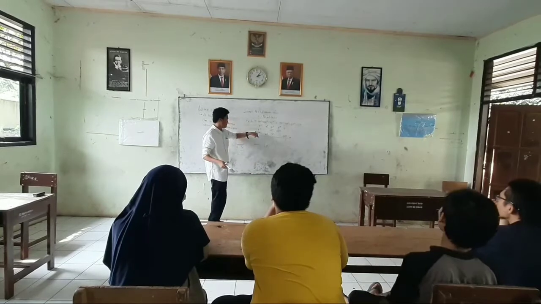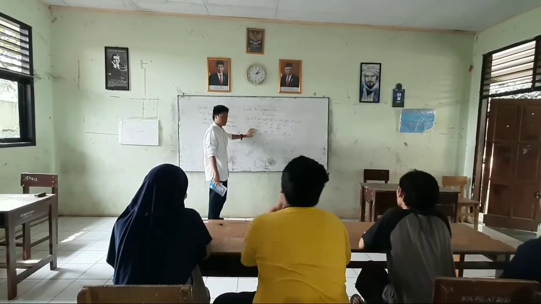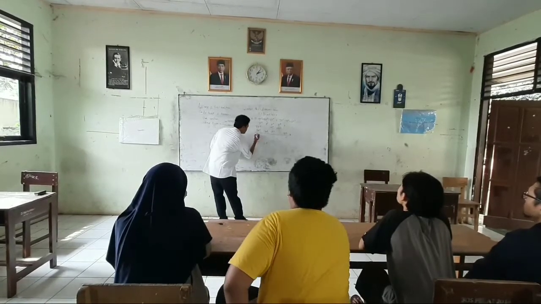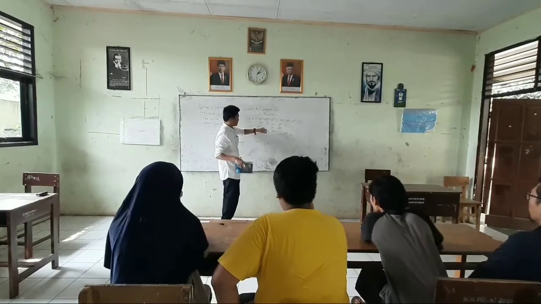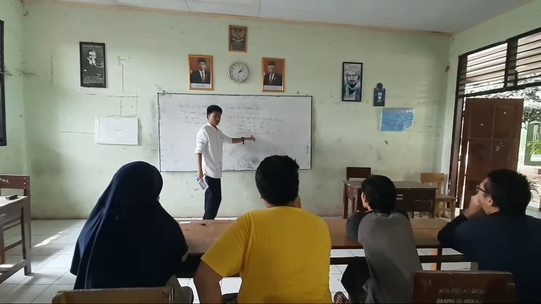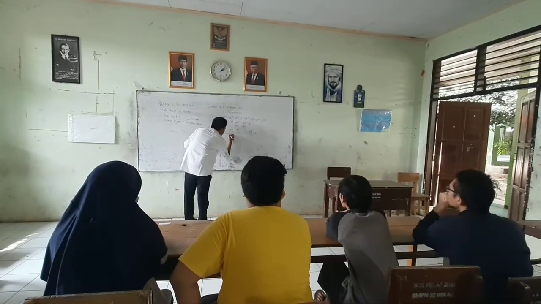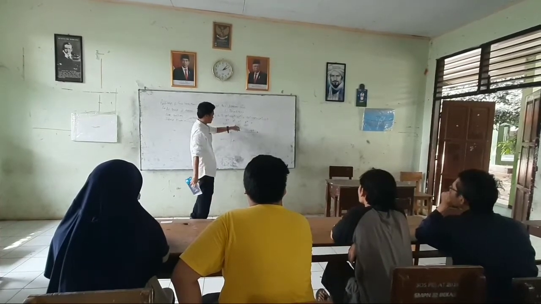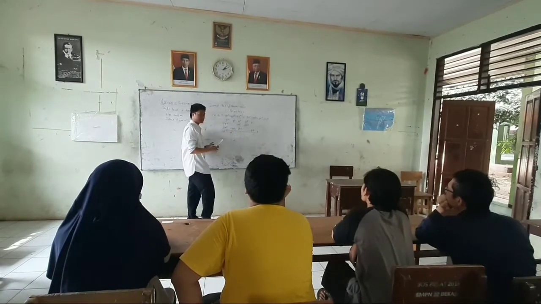We have 4p power 5 and 9p power 5. 4 plus 9 equals 13, so 13p power 5. Blank plus minus 4p power 4. The answer is? Yes, minus 4p power 4. Minus 4 plus 3. The answer is?